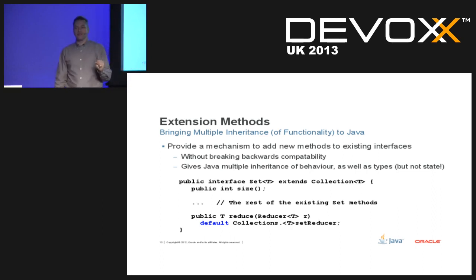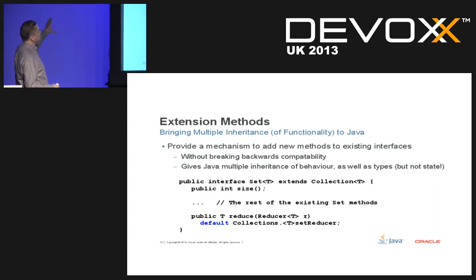So we'll be able to say that the default is to use the setReducer method in the Collections utility class. And that way, if the JVM finds a jar file that has an existing Set object in it, which doesn't implement the reduce method, then it will simply go and call the setReducer method in the Collections class.